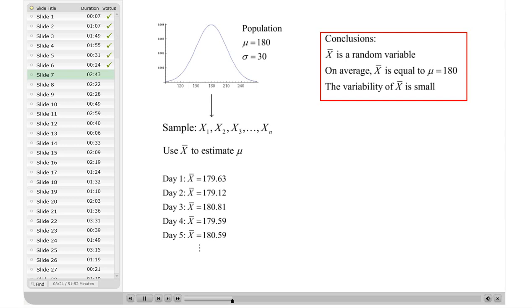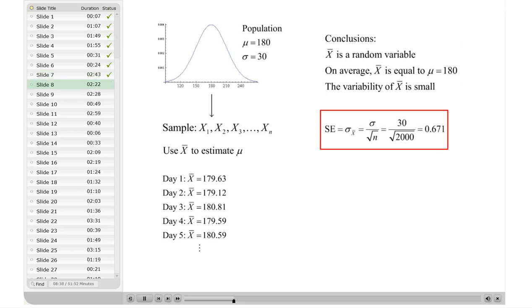But what this example is showing is that if your sample size is really large, then your sample mean will be very close to the population mean. There will not be a lot of variability. And again, that's a good thing because we're trying to use the sample mean as an estimate for the population mean.